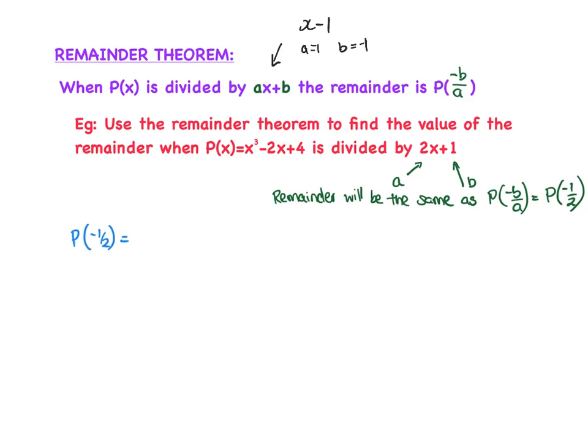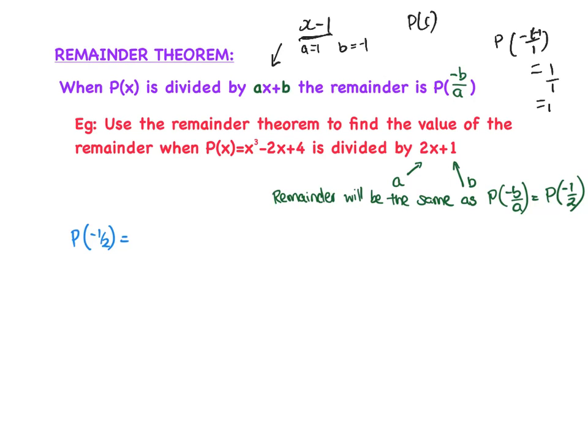It's saying when you divide by that, it'll give you the same remainder as if you did p of negative b over a. If I did p of negative b over a, b was negative 1, so negative negative 1 over 1 is 1, which we said. We said when we divided by this, we got the same as when we did p of 1.